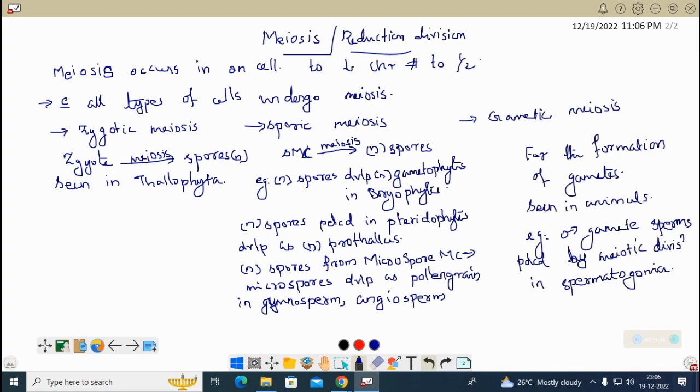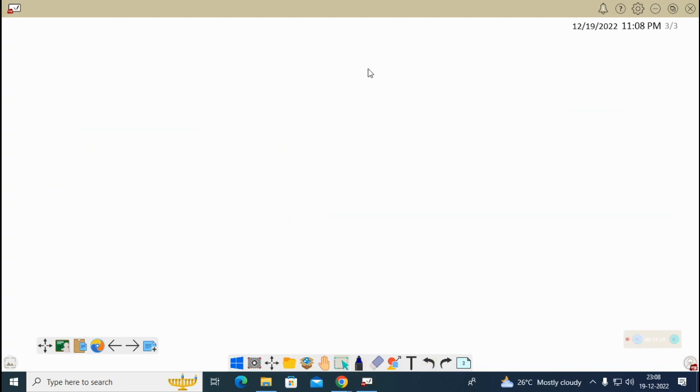Now we have to study how meiosis is occurring in the living organisms. Now we will see how meiotic division occurs. Meiosis, actually, is a reduction division. Meiosis forms 4 cells. The meiocyte is the cell which is undergoing meiotic division.